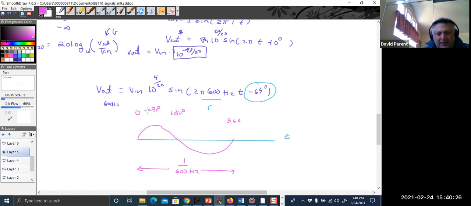So I just know that this waveform is going to be shifted or delayed by 64 degrees. So it's going to start at 0 around here. All right.